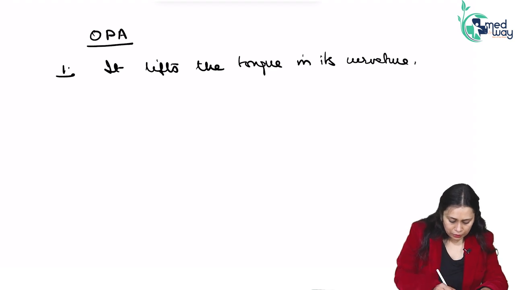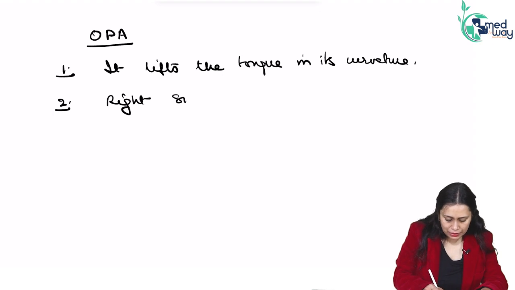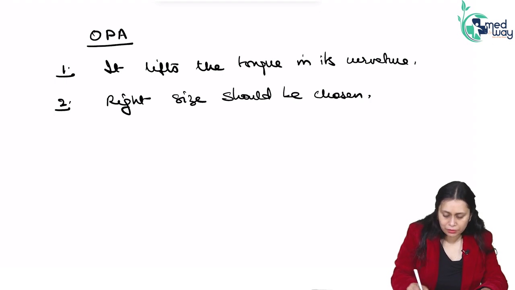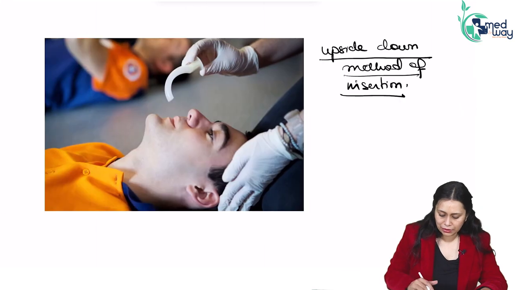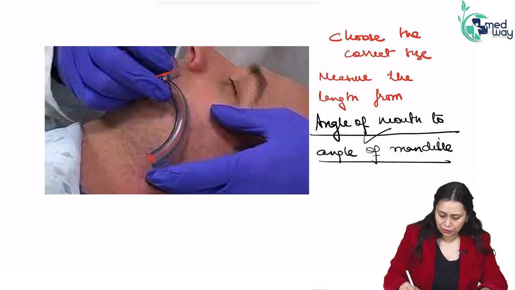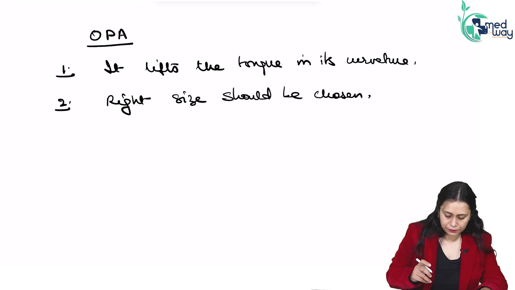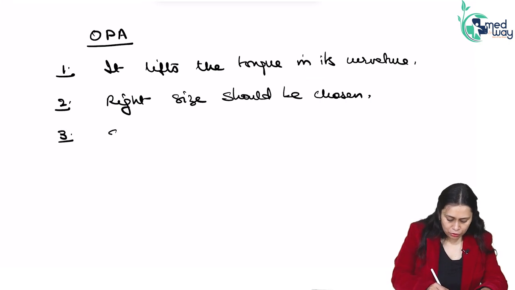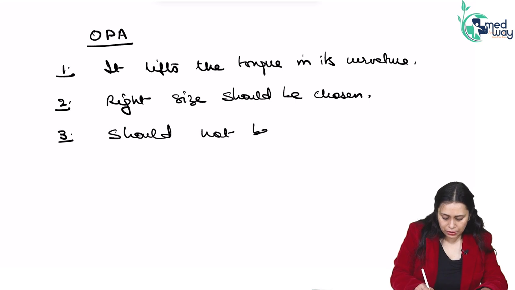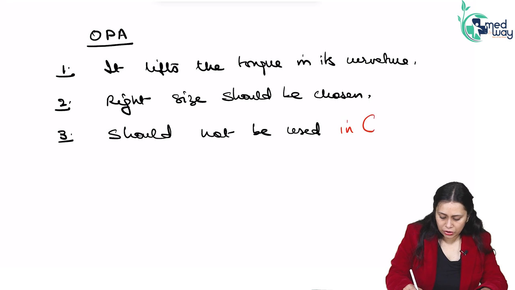Number two, the right size should be chosen for the correct insertion. And how do we measure the right size? We measure from the angle of the mouth to the angle of the mandible. Then, it should not be used in a conscious patient.